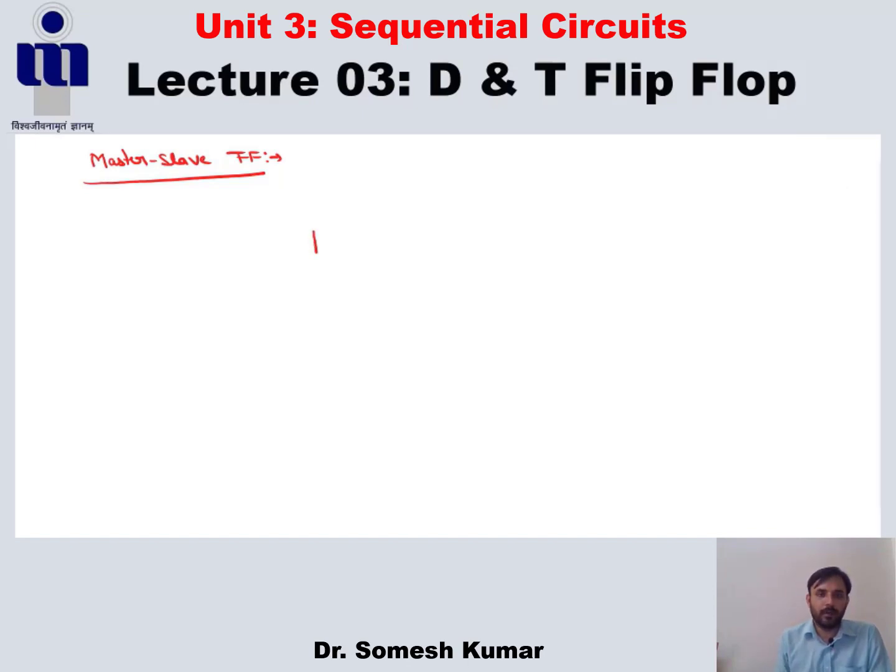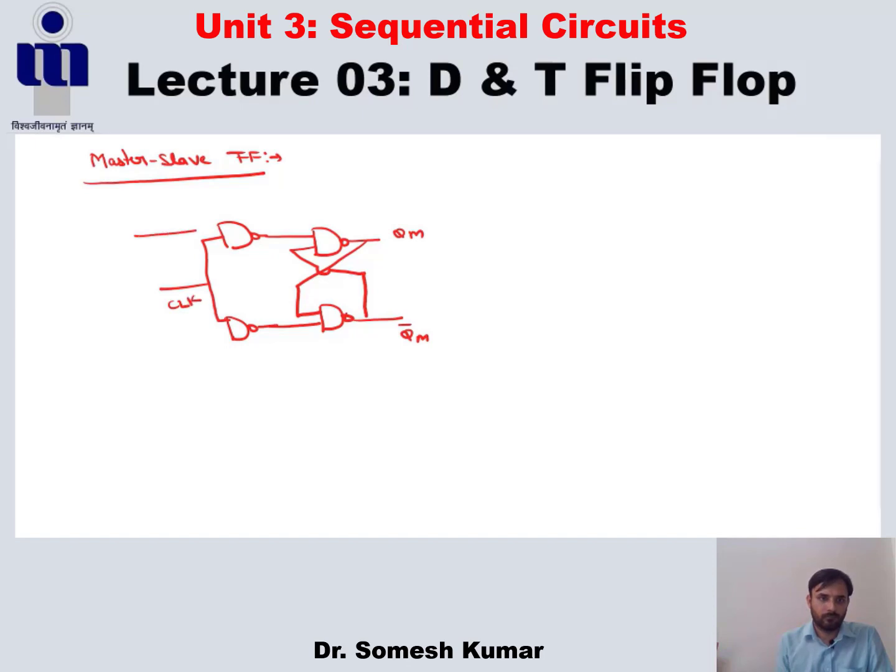So, for example, this is our master flip-flop, the master JK flip-flop, and next the slave JK flip-flop is cascaded here.